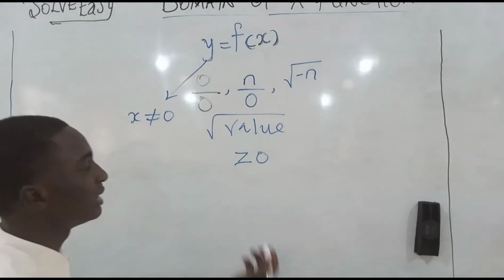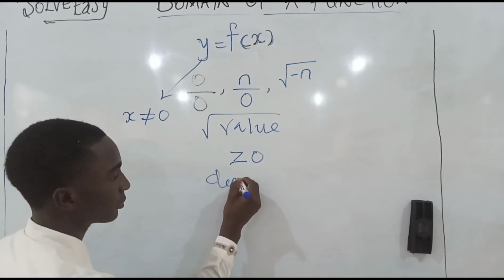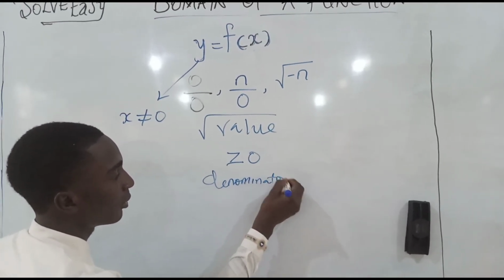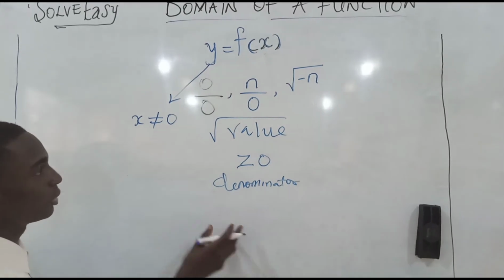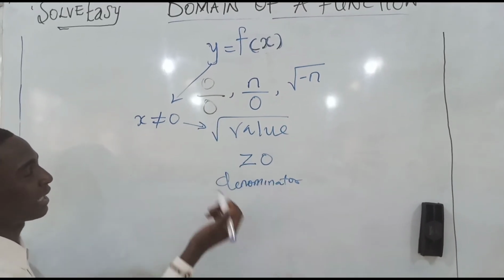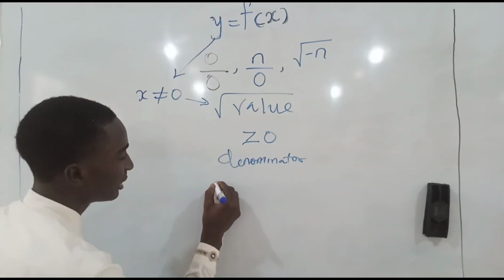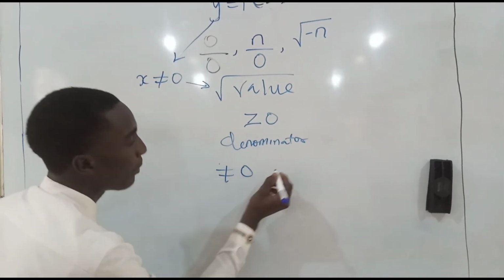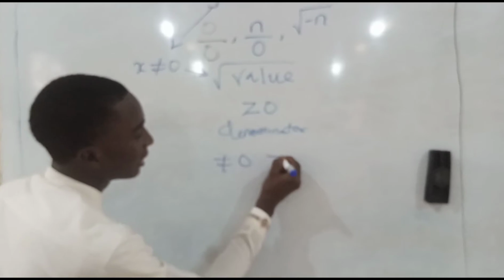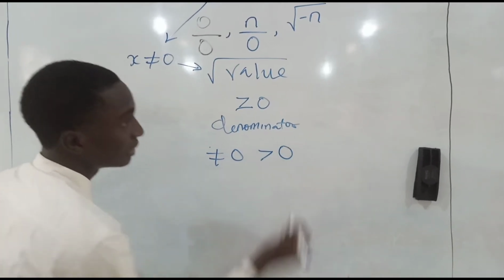But for denominators, you combine these two together. That is to say, the value there must not be 0 and must be strictly greater than 0.